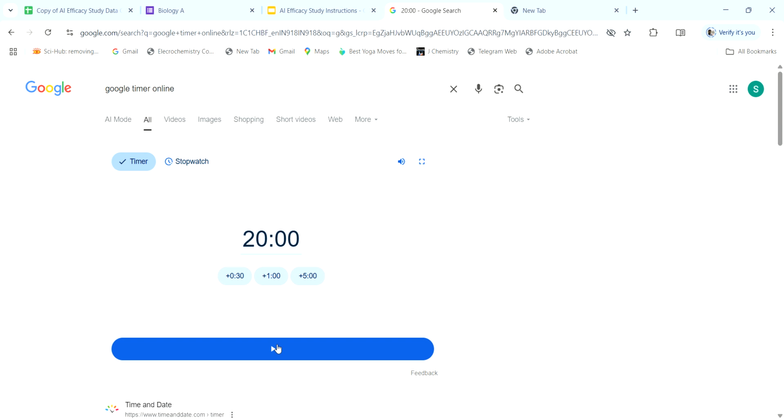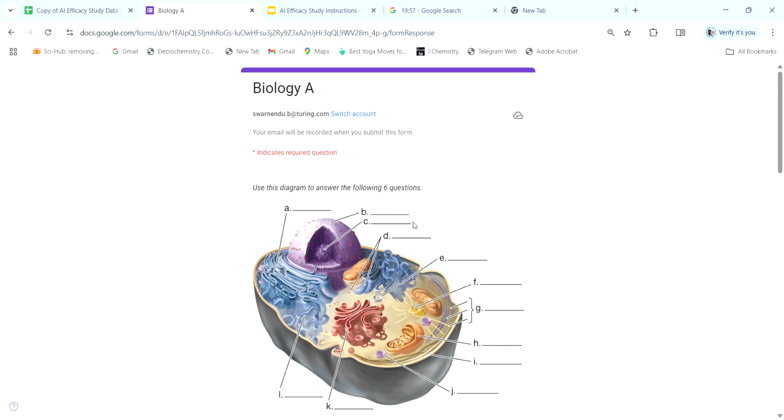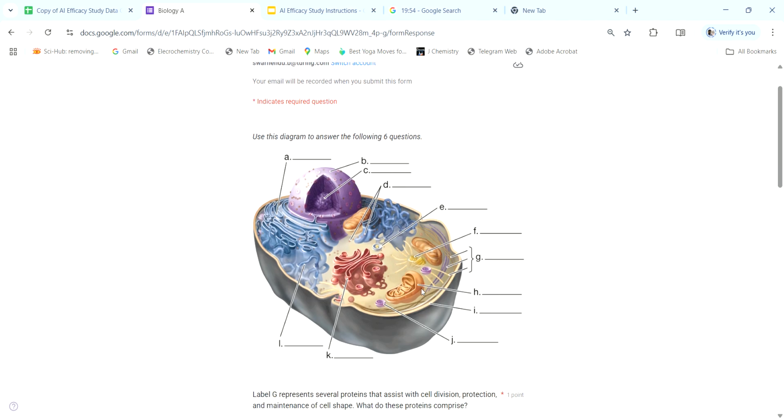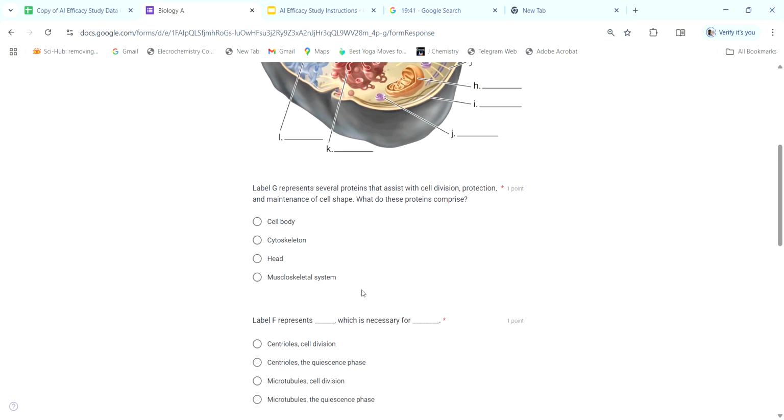So here the question. So this is a structure of cell, and using this diagram I have to answer the following 6 questions. So these are A, B, C, D, E, F, G, H, I, J, K, L. So the first question is level G represents several proteins that assist with cell division, protection, and maintenance of cell shape.